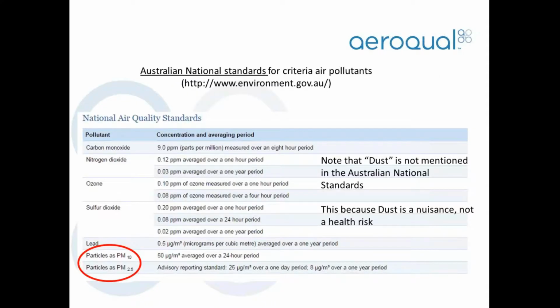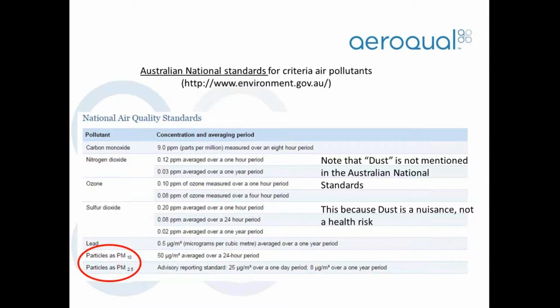So this is an excerpt from the Australian National Standards for Criteria Air Pollutants. These are very similar to what you would see in the US EPA or in the European Environment Agency. So just notice that in the national air quality standards, as well as pollution gases such as carbon monoxide and NO2, we see particles as PM10 and particles as PM2.5 are regulated at the national level.